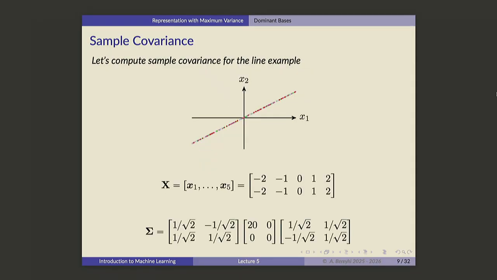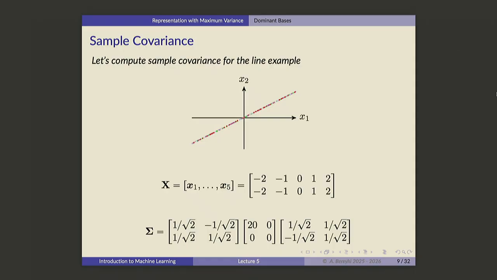So what do these eigenvalues tell you? The large one tells you this is the direction all the data is lying on. The eigenvalue 0 tells you this is the direction no data is lying on. So if you want to choose one direction, you choose the one with the larger eigenvalue.